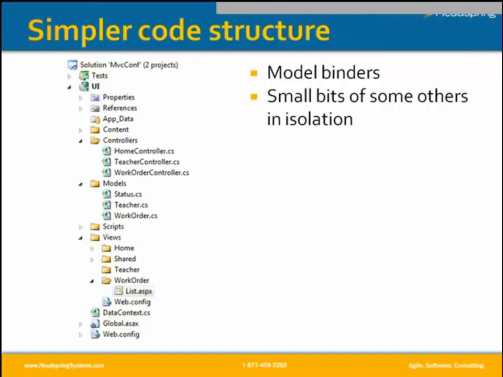So we probably still need some model binders and maybe some small other pieces. But by and large, we do not have to worry about so many of the other infrastructure pieces that would otherwise be needed in a completely normalized model and separated out concerns at the Visual Studio solution level.